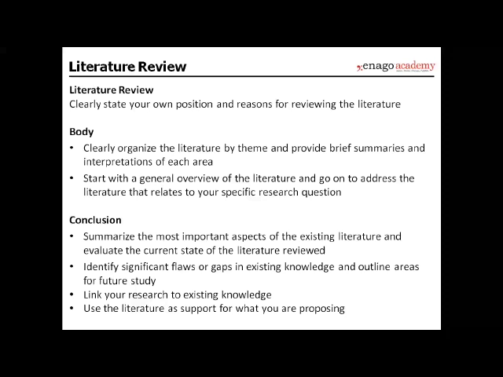So basically, you need to summarize the most important aspects of the existing literature, because that's the basic aim. You want to identify the research gap and then convey this to your readers, showing how you have been successful in identifying the research gap and then proposing a research question.